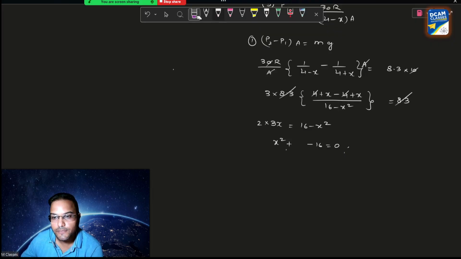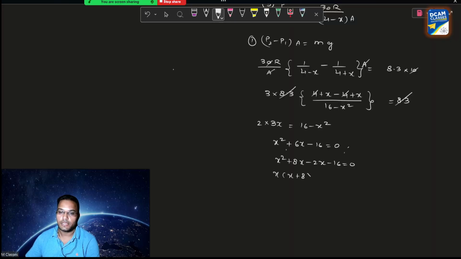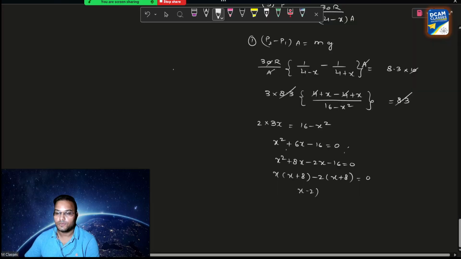One mistake I have. This x square plus 6x minus 16. x square plus 8x minus 2x minus 16. x into (x plus 8) minus 2 into (x plus 8). (x minus 2) into (x plus 8). x cannot be negative, so x is equal to 2. This should be the answer.